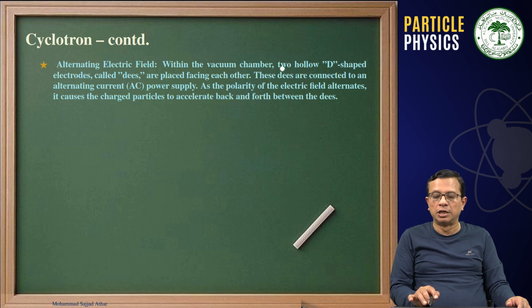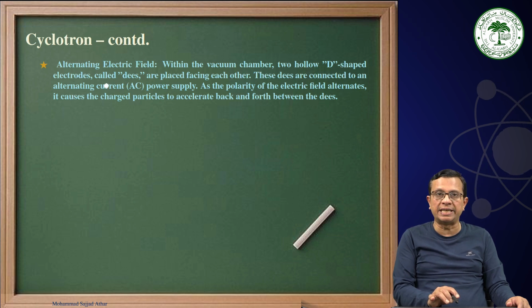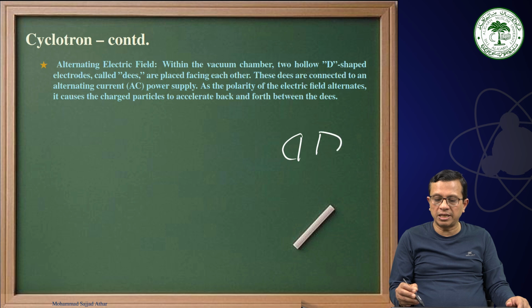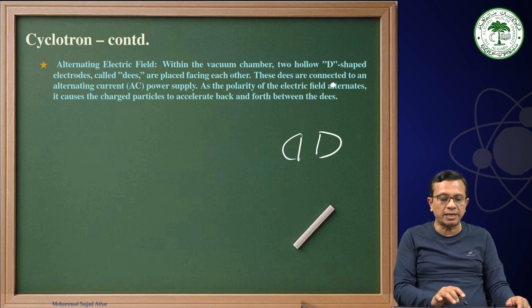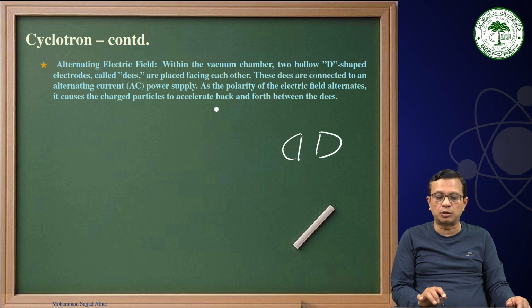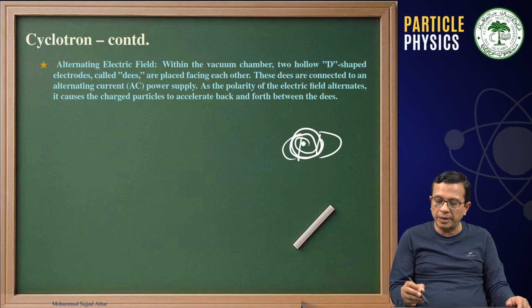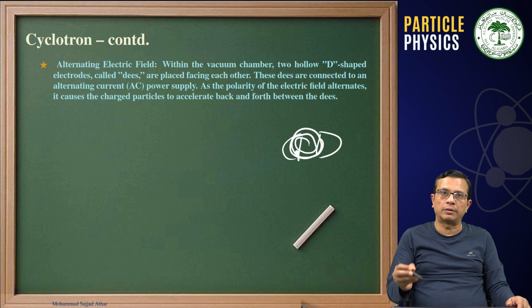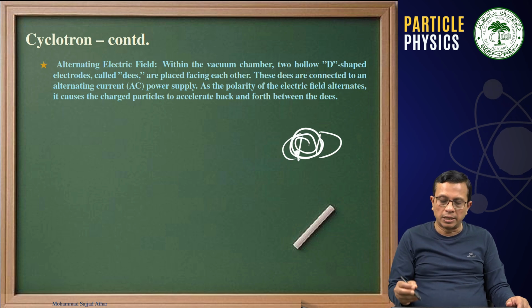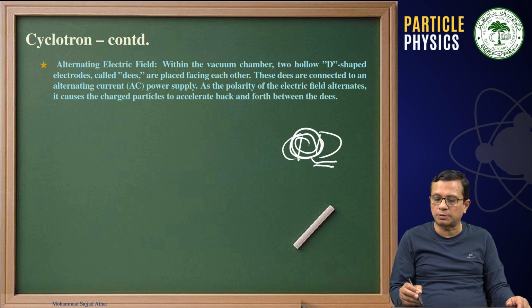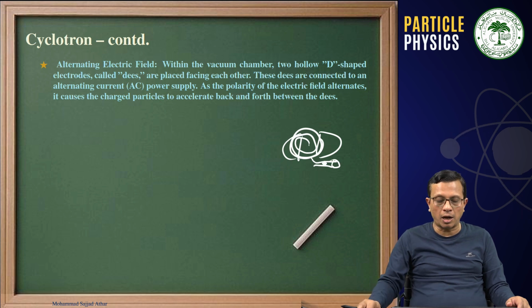Then you apply alternating electric fields. Within the vacuum chamber, two hollow D-shaped electrodes called Ds are placed facing each other. These Ds are connected to an alternating power supply. As the polarity of the electric field alternates, it causes the charged particle to accelerate back and forth. Then, depending upon the size of the D and what kinetic energy you want, when you achieve this radius path, you take the beam out.